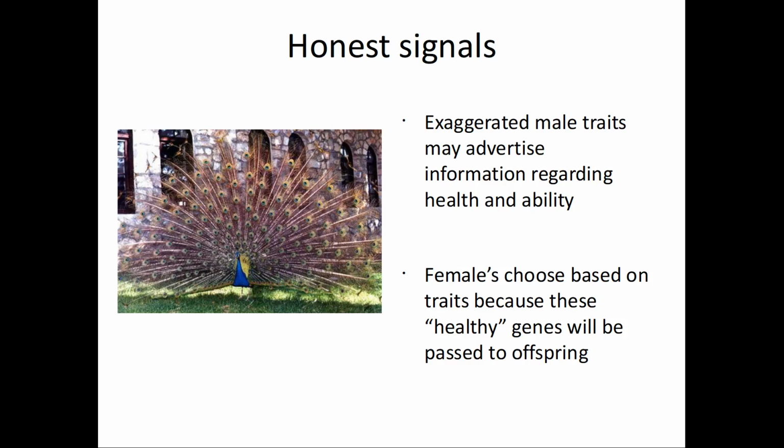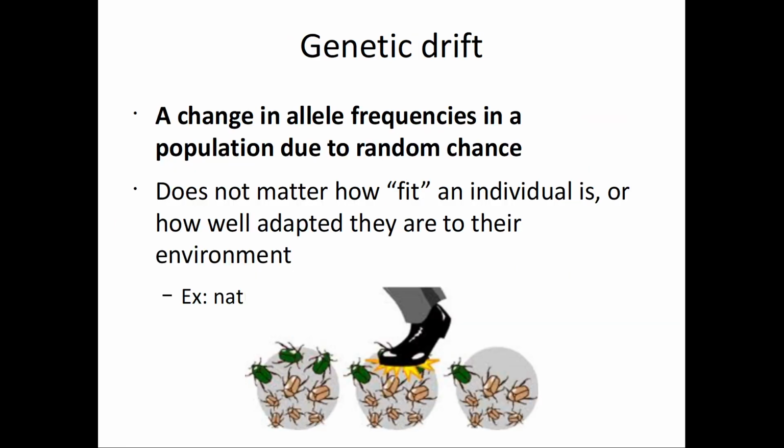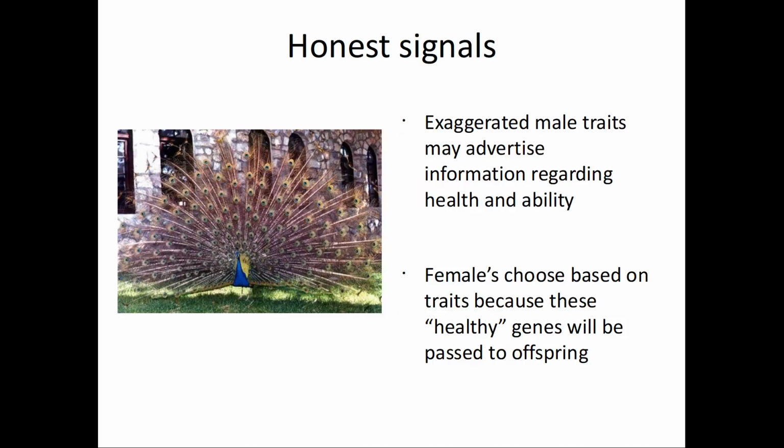I can carry this much weight. And so the idea is that females choose based on traits because these healthy genes will be passed off to offspring. All right, that's just going back to that. This is just one example of one possible explanation as to why these sort of crazy dimorphisms might be somewhat advantageous to the offspring.